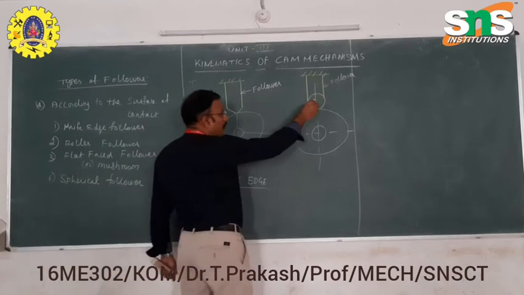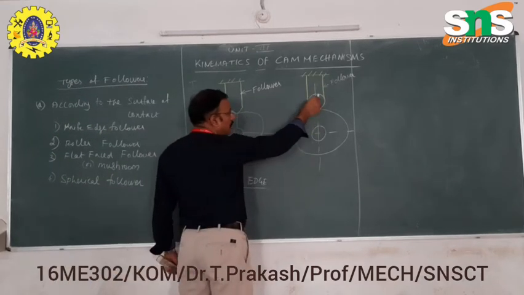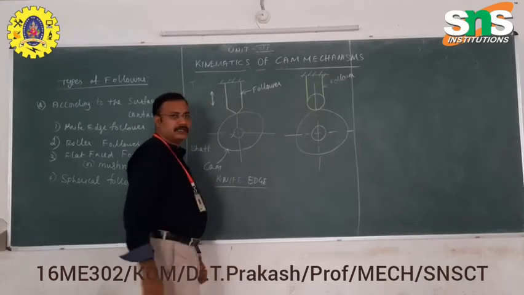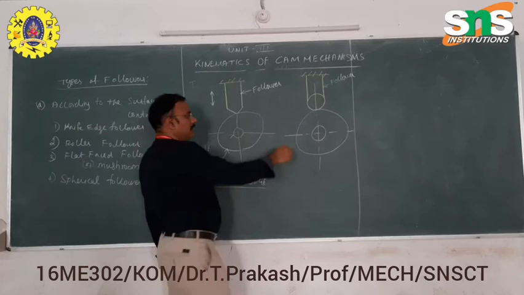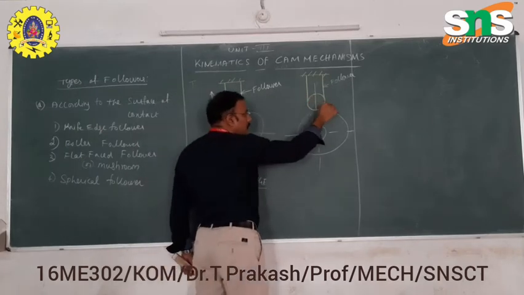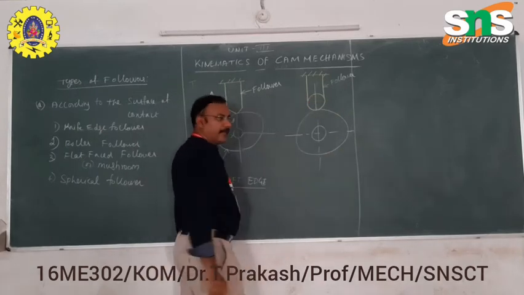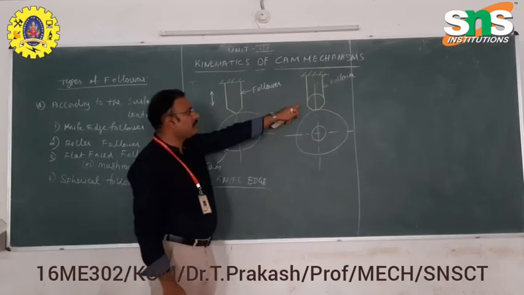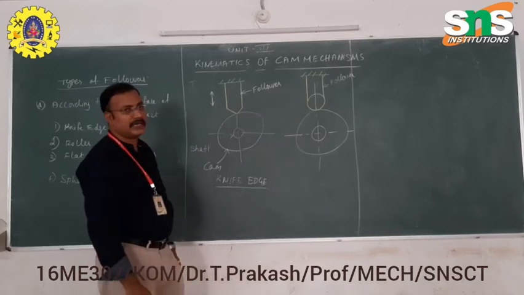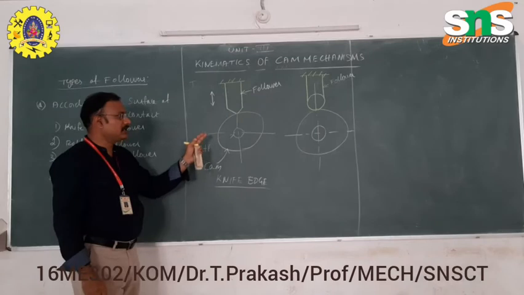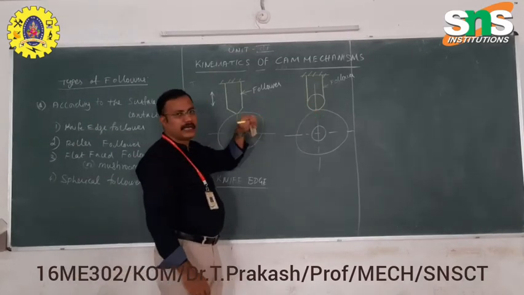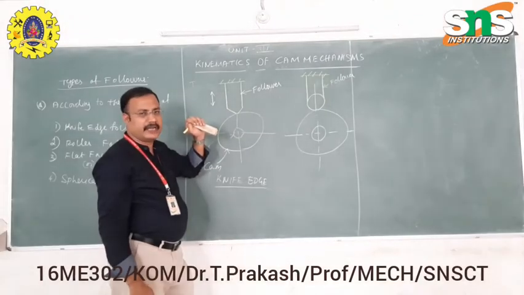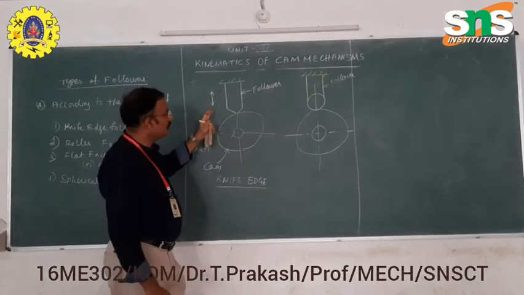So, coming to the roller follower, the roller follower has a higher contact pair with the cam. It also follows the path of the cam profile. What is the advantage of this roller follower? It has some advantages compared to the knife edge. The knife edge has more wear and tear, but for the roller follower, the wear and tear is very less compared to the knife edge follower.